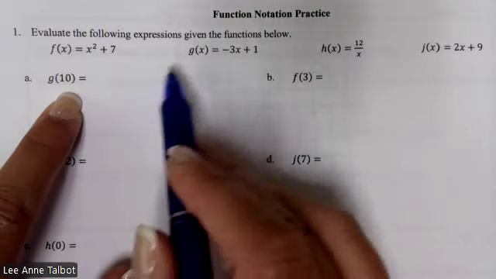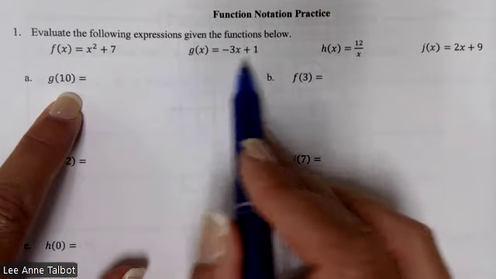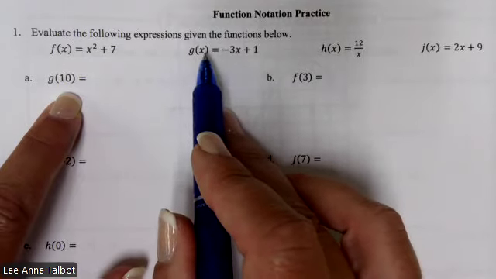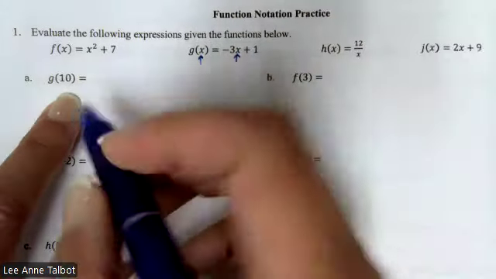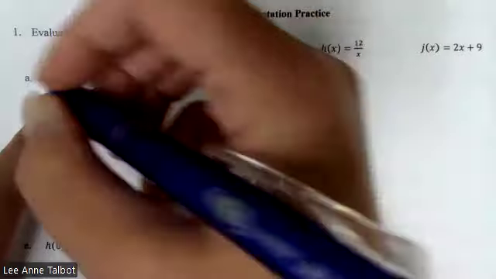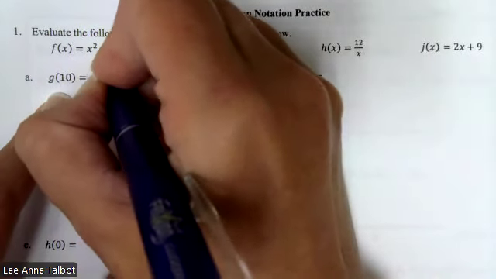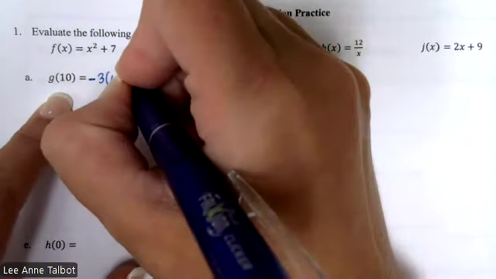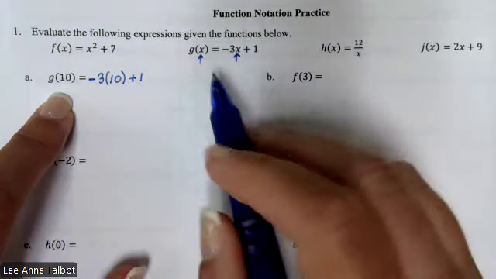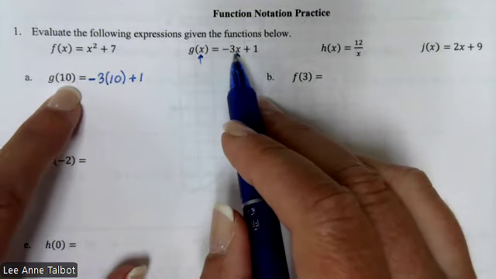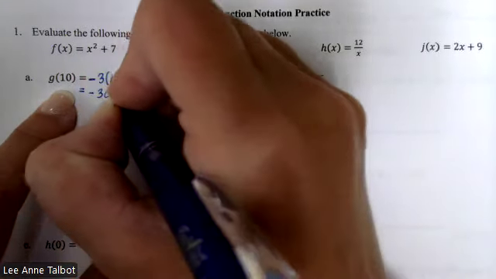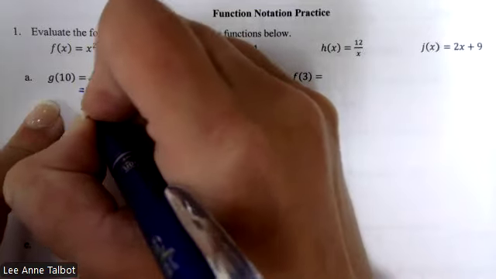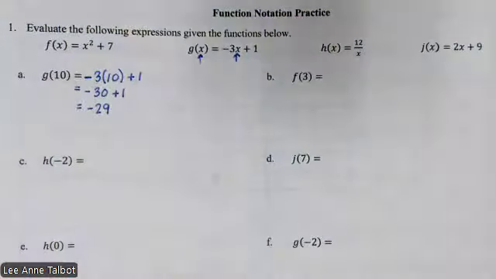So what I do is I go to the function that says g on it, and I plug in 10, and I'm going to plug in 10 here and here. It's already plugged in right there. So you say -3 times 10 plus 1. So I took the x and I substituted 10 in. And this is -30 plus 1, which is -29.